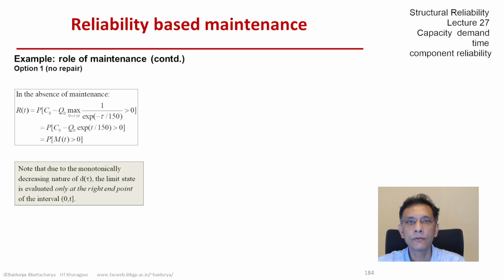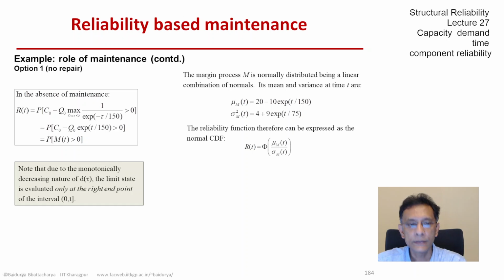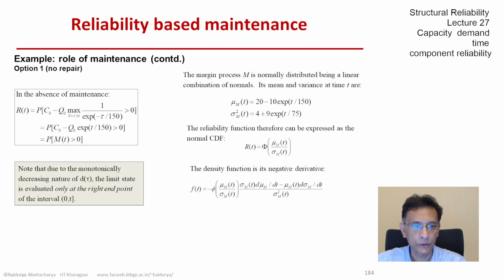So in the absence of maintenance, we know what to do with the safety margin function, and since it's a monotonically degrading strength situation, we can take the worst case scenario at the right end of the interval 0 to t, and both C and Q being normal, we have a normally distributed safety margin, and it's quite straightforward to find the reliability function and the hazard function.